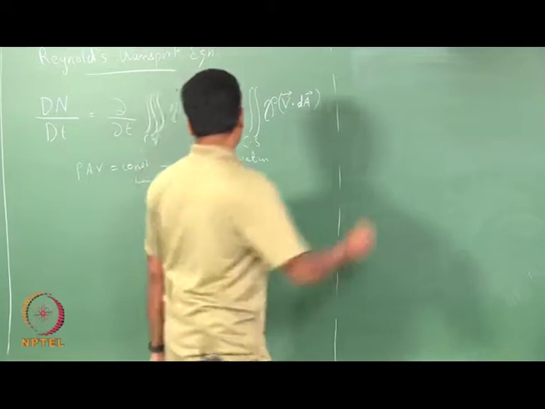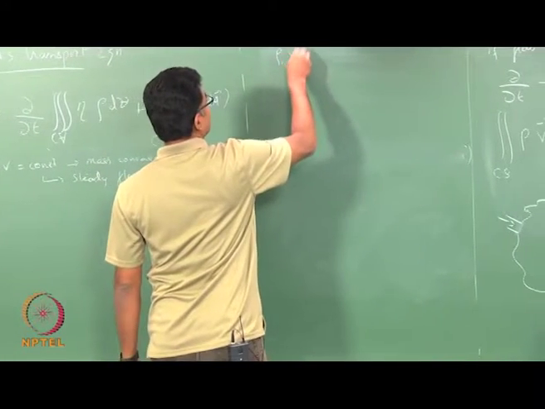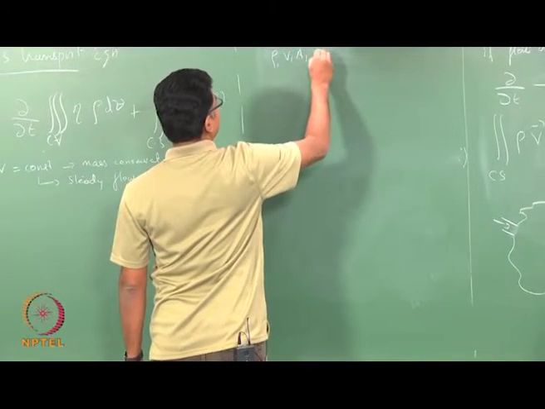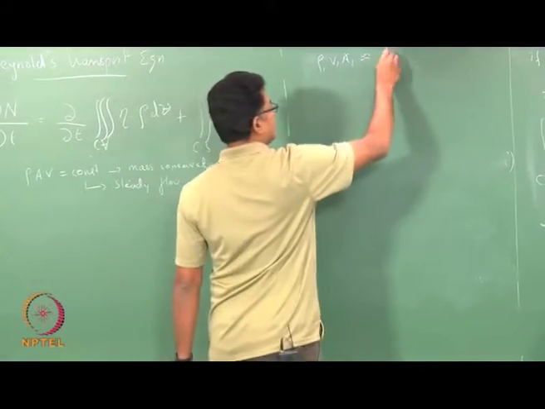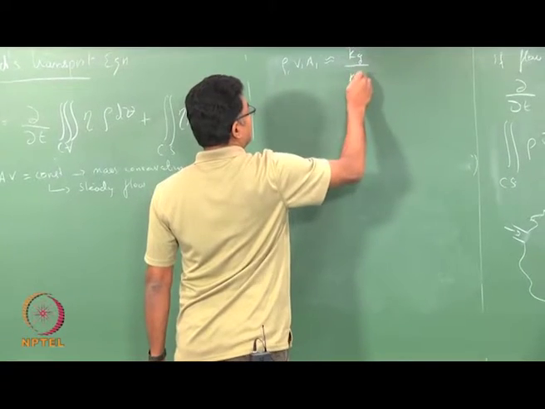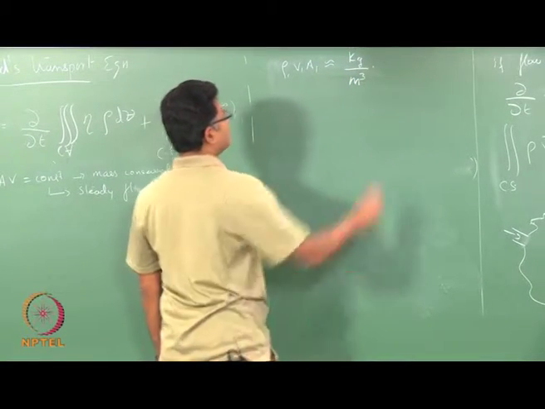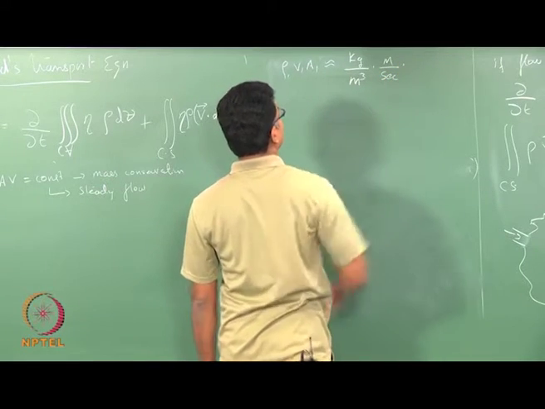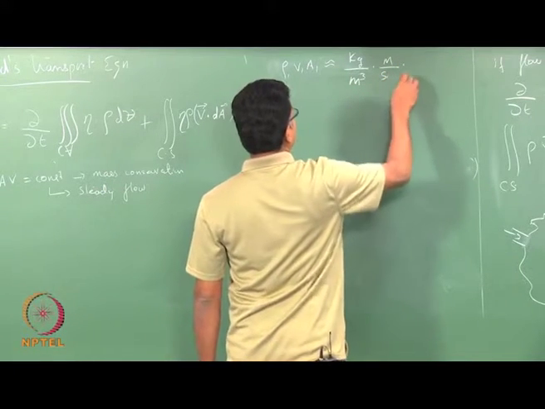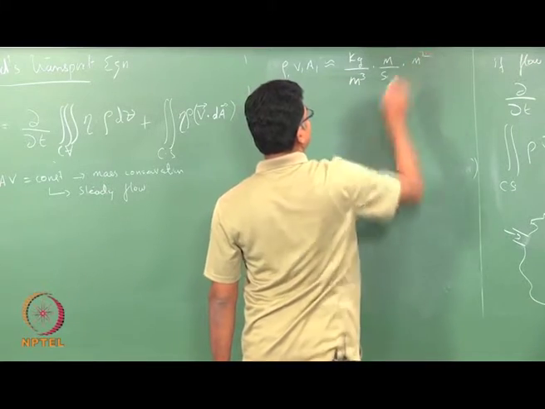So, what is the unit of this? Density is kg per meter cube, velocity is meter per second, and area is meter square.